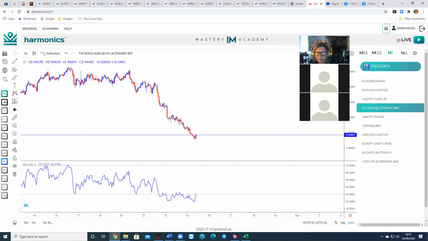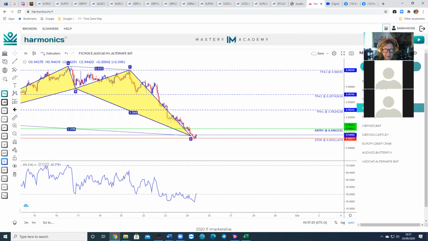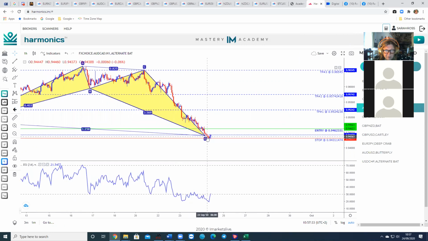Oh, there's HourGlass, and that is either the D point moving, or I can see that actually it is coming back round, but the D point has moved. So I would be following that on the scanner to see whether I should move that D point rather than leave it there.